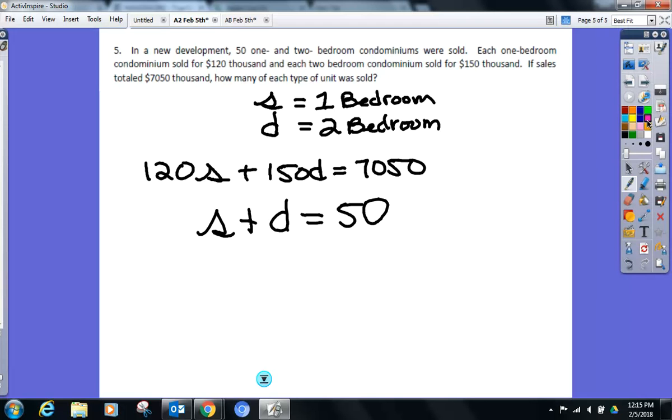Make sure you're getting whole number of condos, not partial condos, decimals.